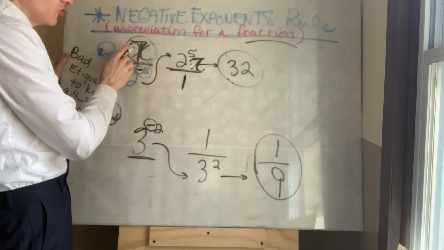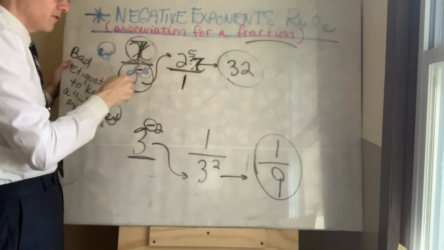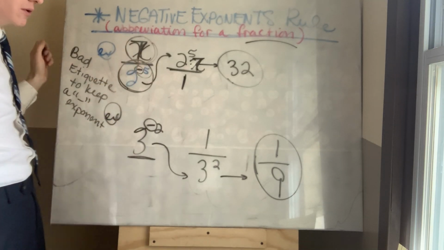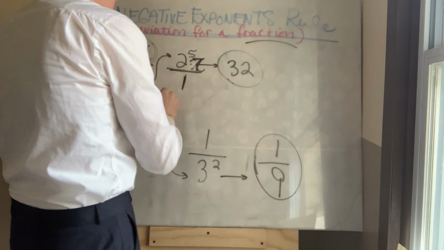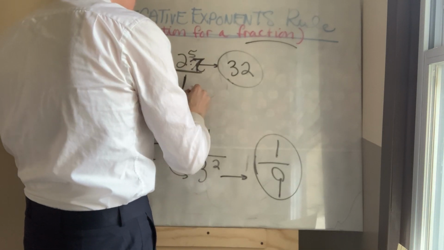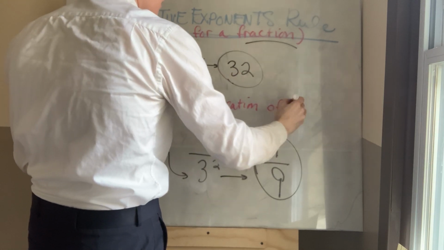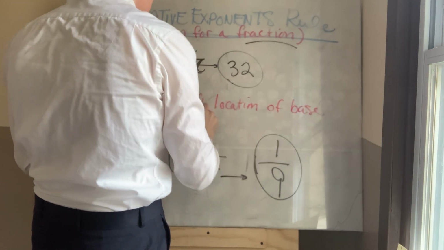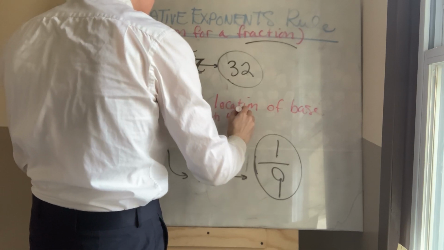Don't just shift the top automatically. Shift the location of the base with the negative exponent only.